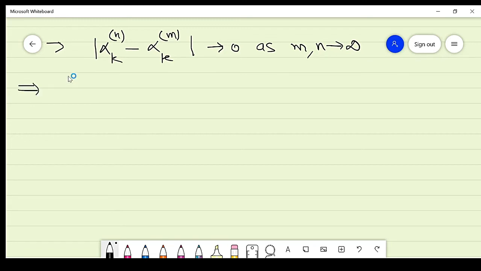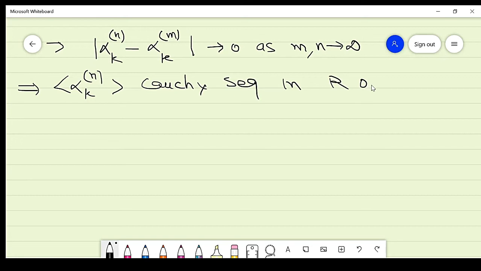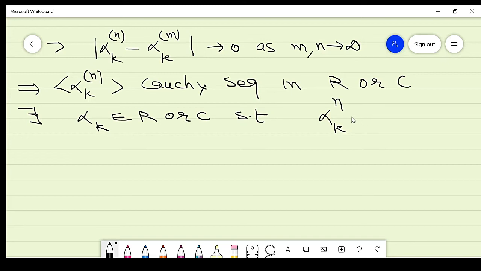It implies this sequence alpha k n is a Cauchy sequence in R or C. Since R and C are complete, there exists a scalar alpha k belonging to R or C such that the limit of alpha k n as n approaches infinity equals alpha k.